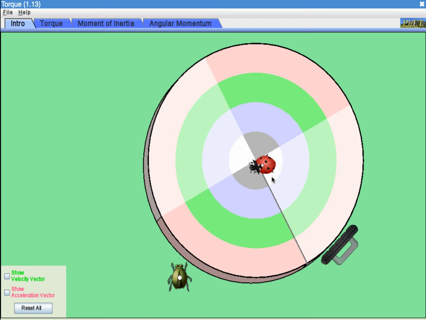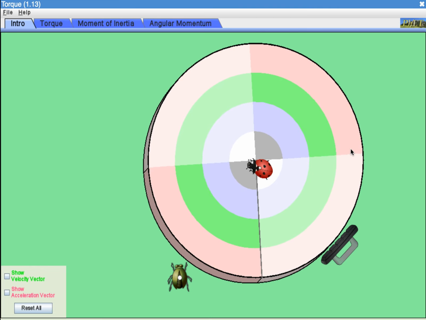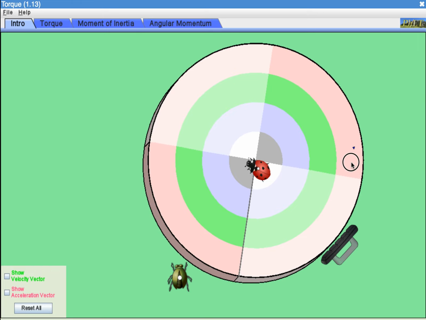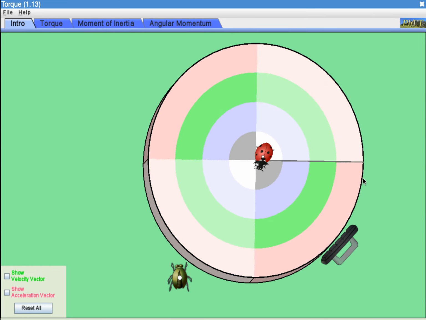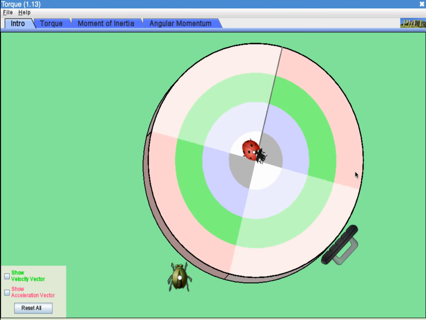This simulation is meant to introduce us to the rotational version of a force, which is called a torque. First thing to notice is that if I try to exert a force along the radius of this disk, not much happens. But as soon as I have any component of a force that's perpendicular, the disk starts to move, and we can make it speed up.